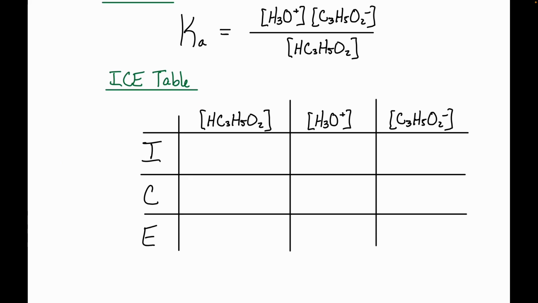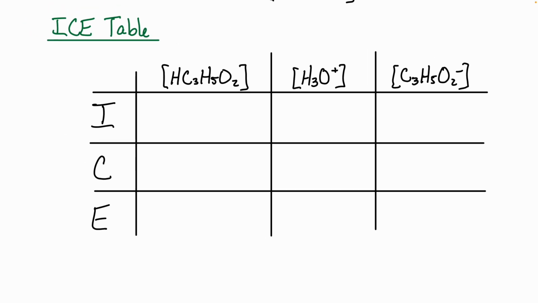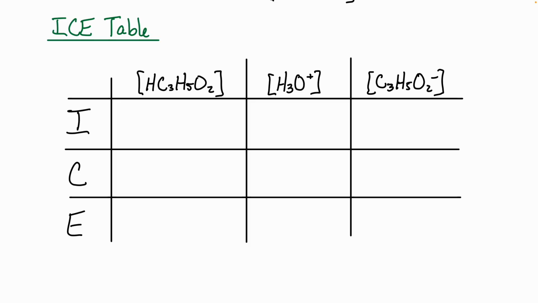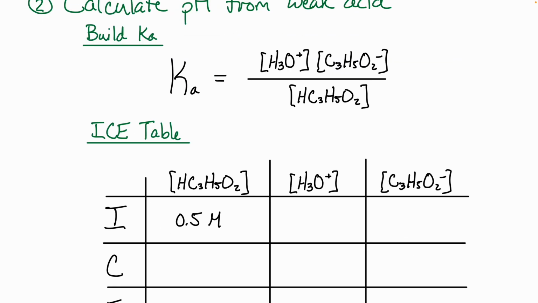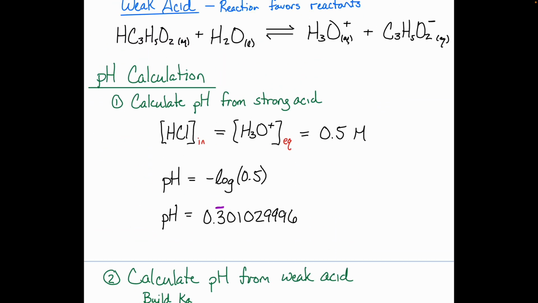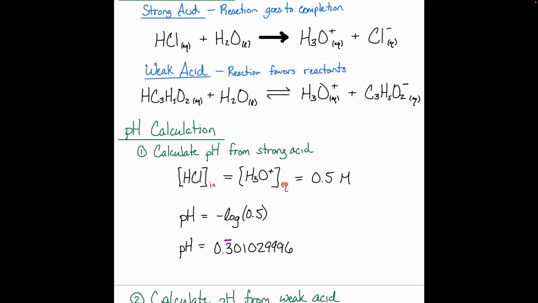All right, if I fill in this ice table, the I, my initial concentration, what's my initial concentration of the weak acid? That 0.5 molar that I got from my problem. What about my initial hydronium ion concentration? Do I have hydronium in this mixture of strong acid and weak acid? Where did that hydronium come from?